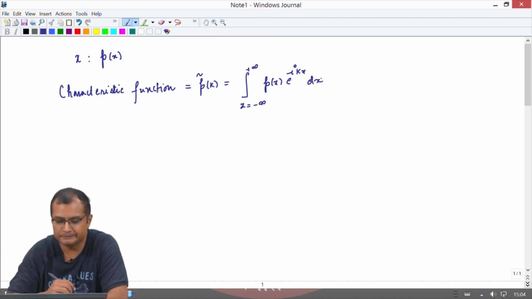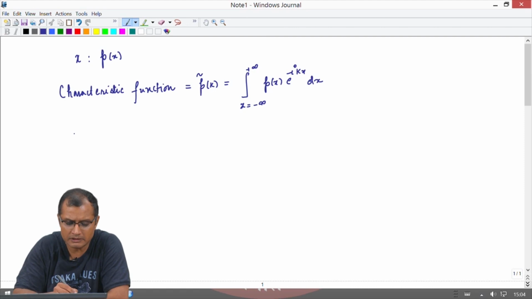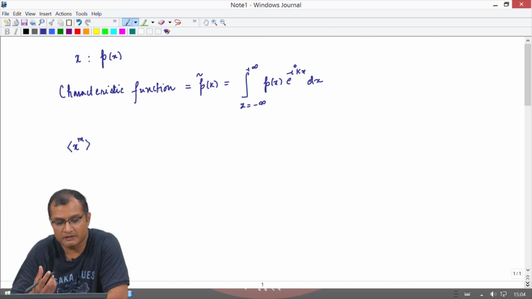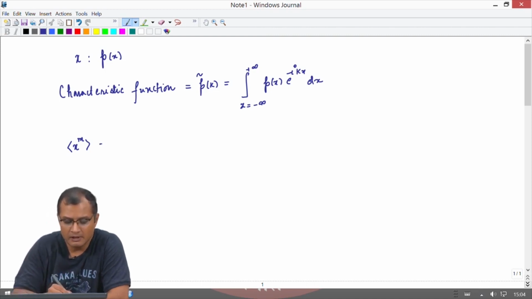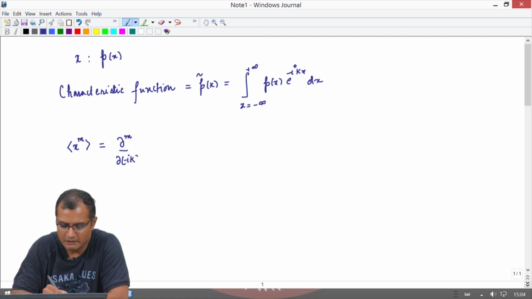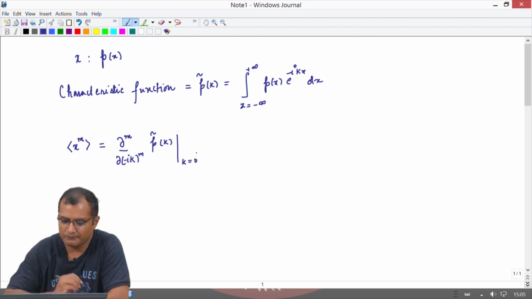This provided us with a very powerful tool that we could compute any mth moment of the random variable, where the mth moment refers to the average of the mth power of the random variable, as nothing but the mth derivative of the characteristic function evaluated at k equal to 0.